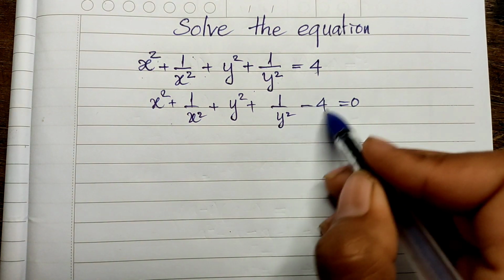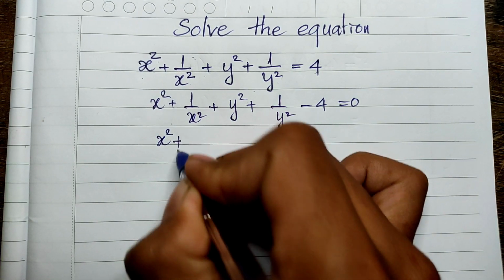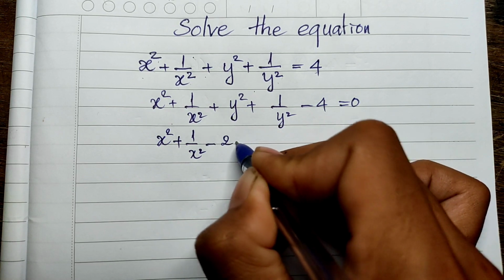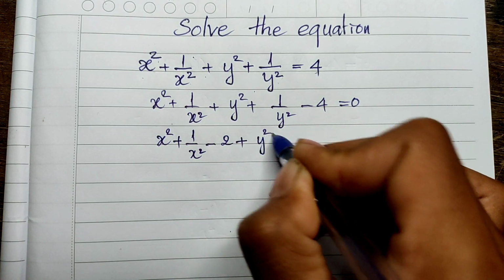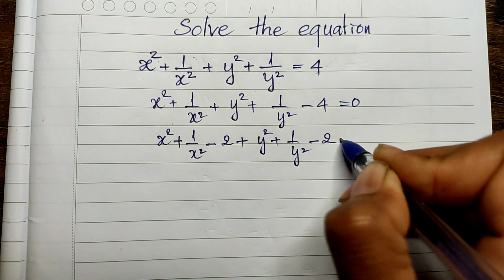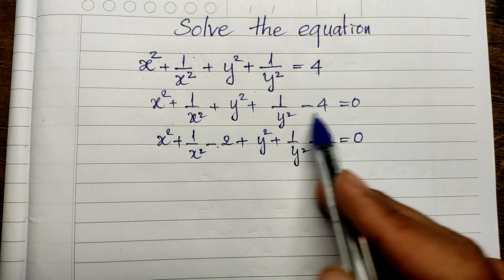And so this minus 4, I can write as x squared plus 1 divided by x squared minus 2, plus y squared plus 1 divided by y squared minus 2, equals 0. This minus 2 and the minus 2 give minus 4.